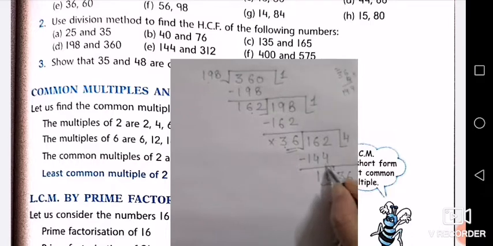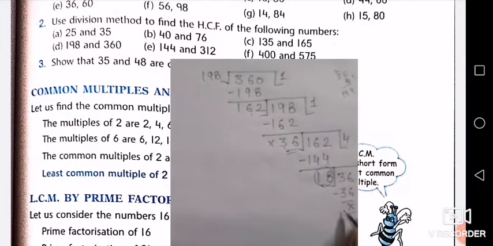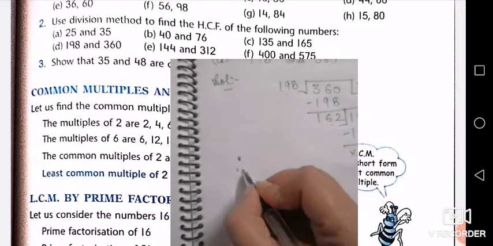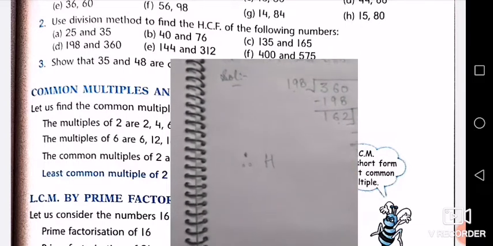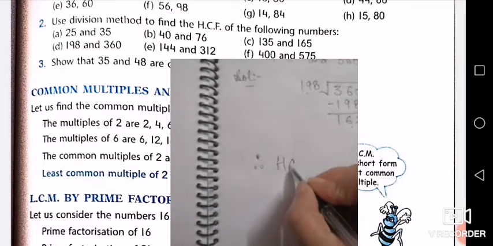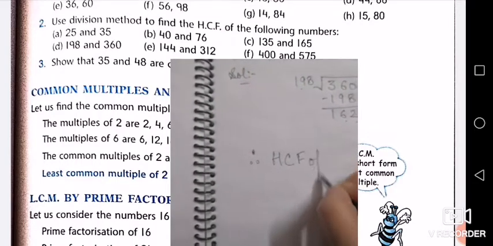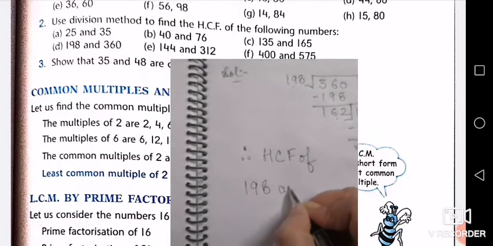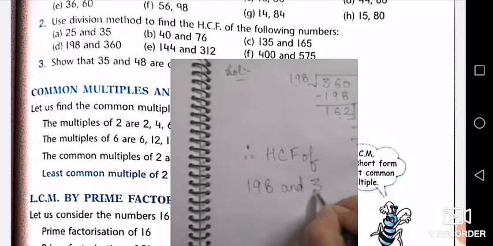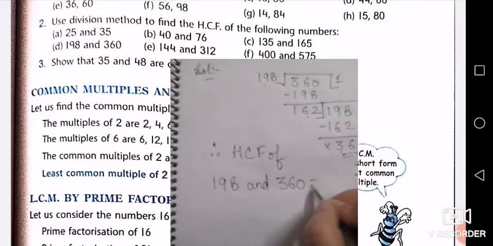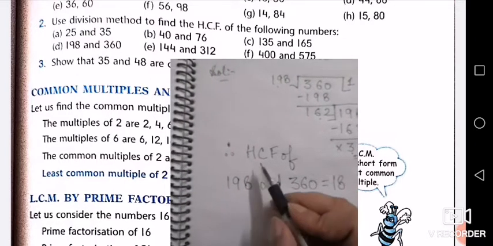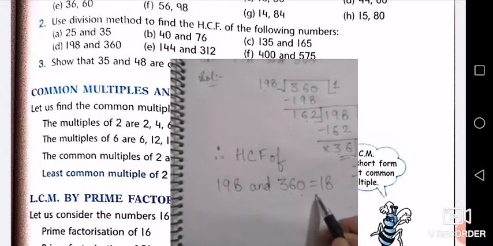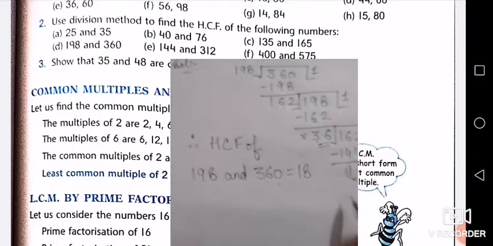So this divisor, the last divisor which gives you 0 as a remainder, will become your HCF of the given two numbers, which are 198 and 360, is equal to 18. Therefore, HCF of 198 and 360 is equal to 18.